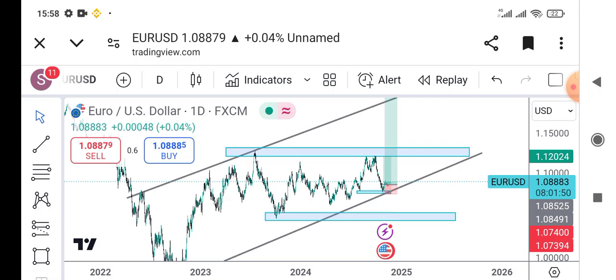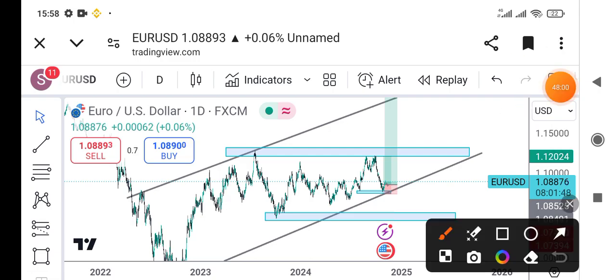So which has now assisted us to identify this resistance section, and then this one is support. But one thing we have to note, we are supposed to really narrow down to the section where we have the prices.